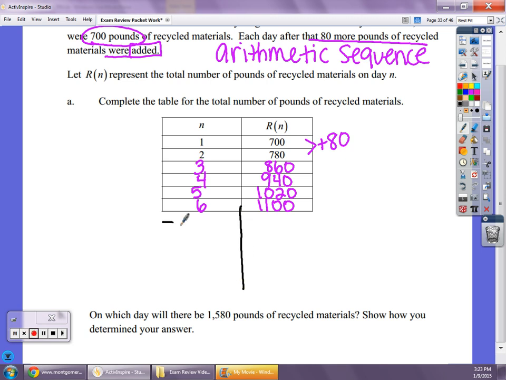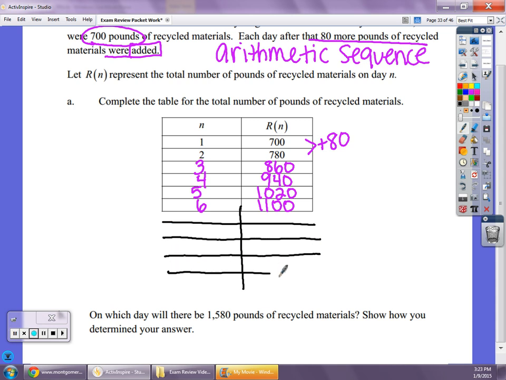All right, so I'm going to give myself some more rows here. I'm just going to keep adding until we get to our answer. So I hope I have enough room. Let's see. All right, so 7, I'm going to add 80 again.